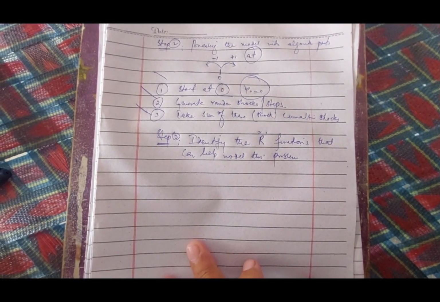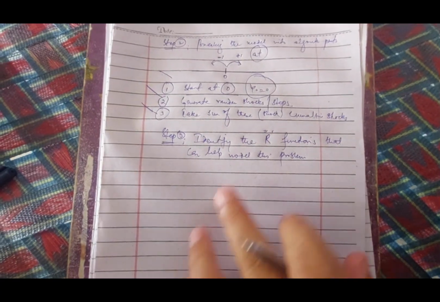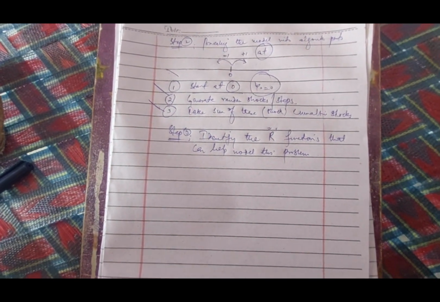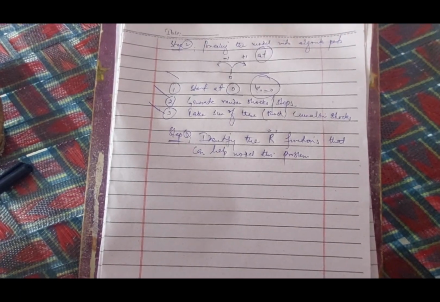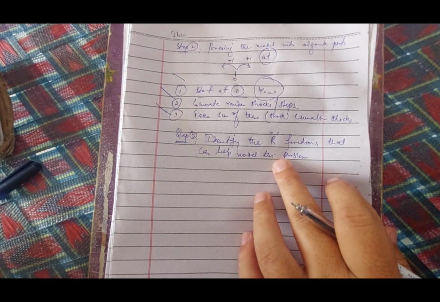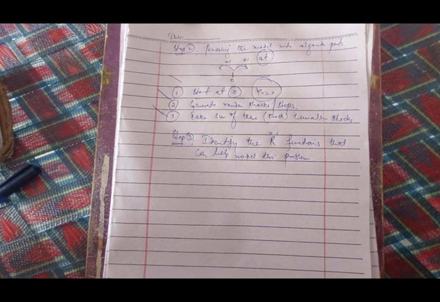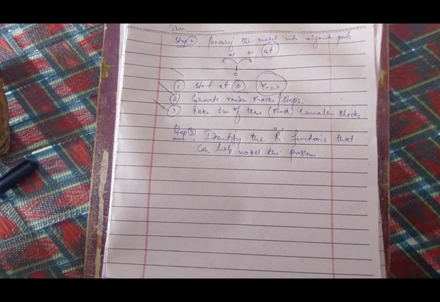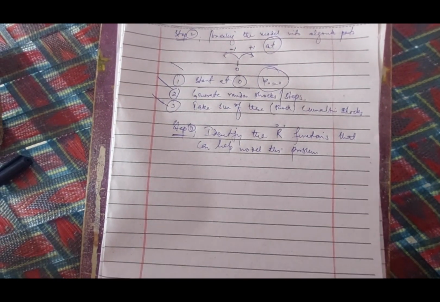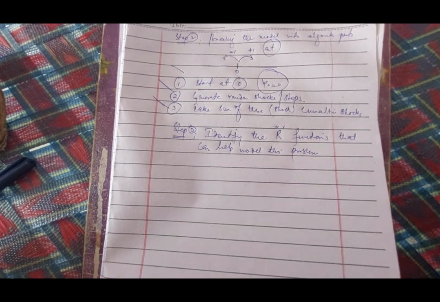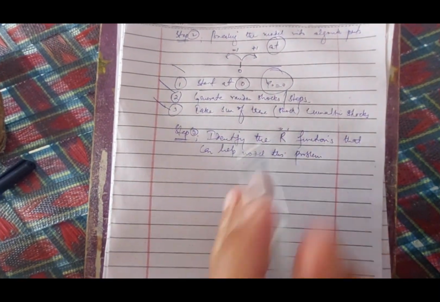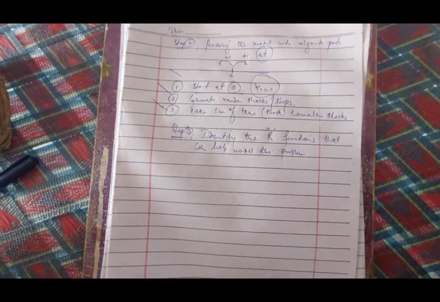This step is also very crucial because you need to know the functions that can actually help you model this problem in R. So for that we need to understand the problem and the things that are required from us, and that will identify the R functions.